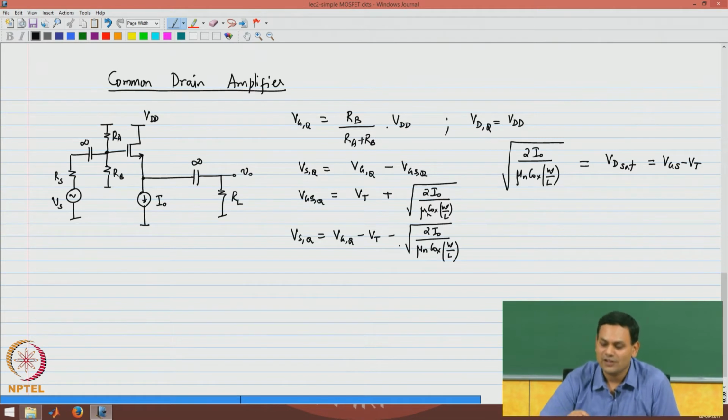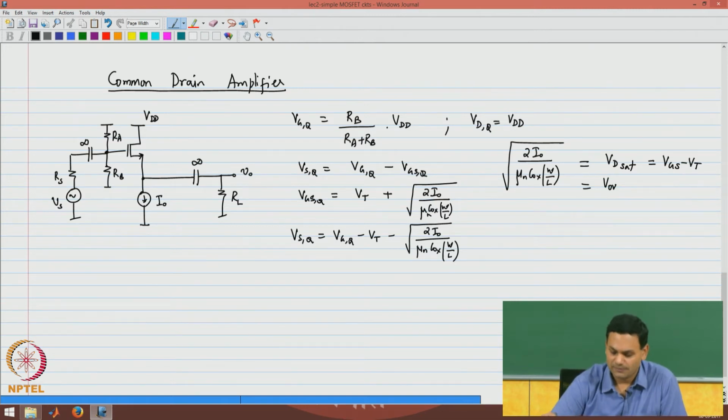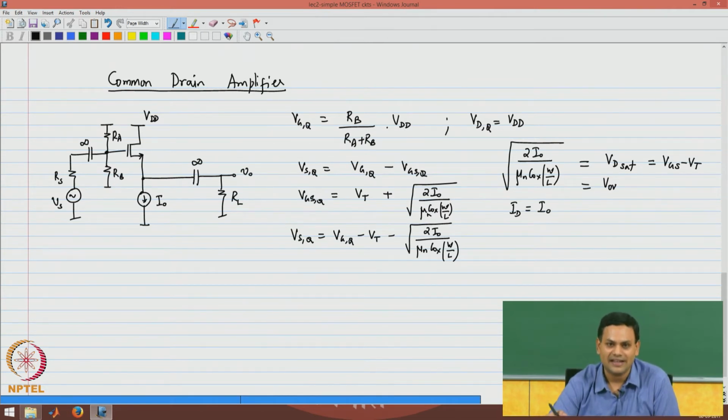So, this is a very useful parameter for the circuit, as we will see going forward. This is also often called the overdrive voltage, because it is the voltage over and above the threshold voltage required for the device to conduct a particular value of DC current. So, it has many different names. So, we have figured out the voltages. Finally, of course, the drain current is nothing but I naught, because in this particular case, unlike the last common source amplifier, we have biased it using a current source.